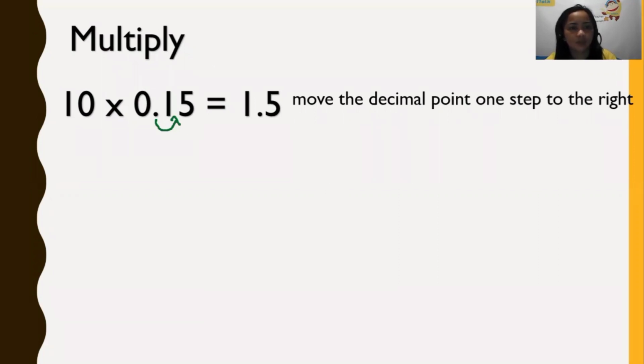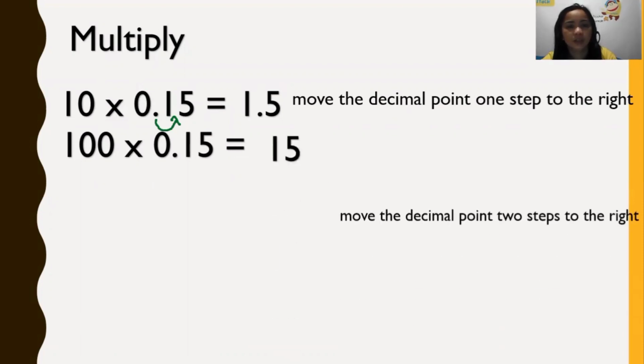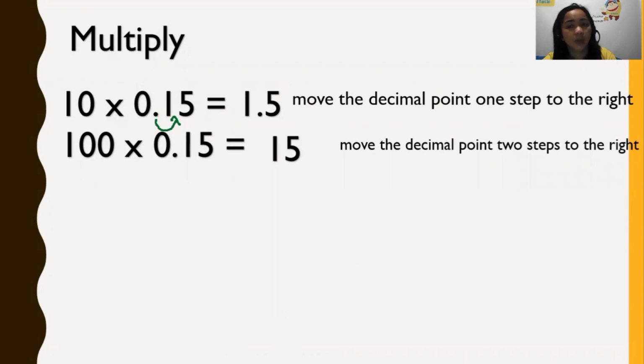Next, we have 100 times 15 hundredths. The given multiplier is the only thing that changes. The answer is 15. Move the decimal point 2 steps to the right.